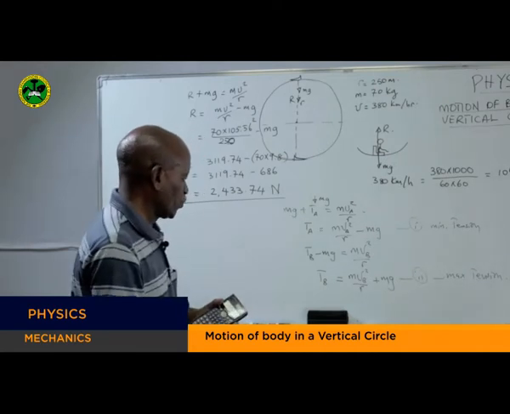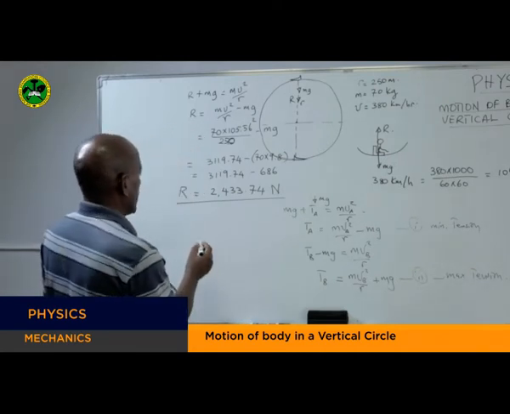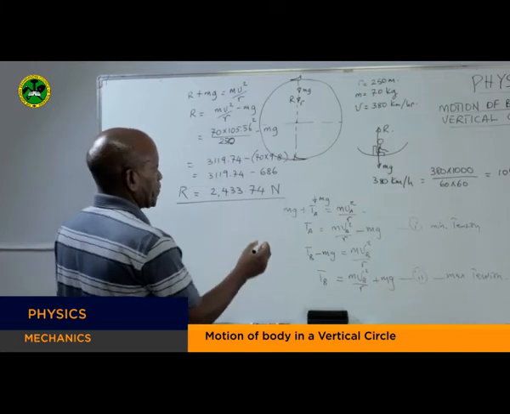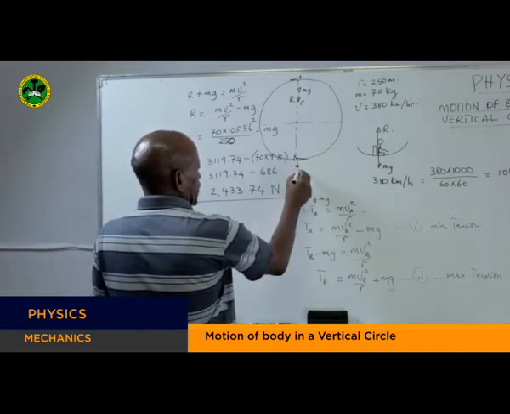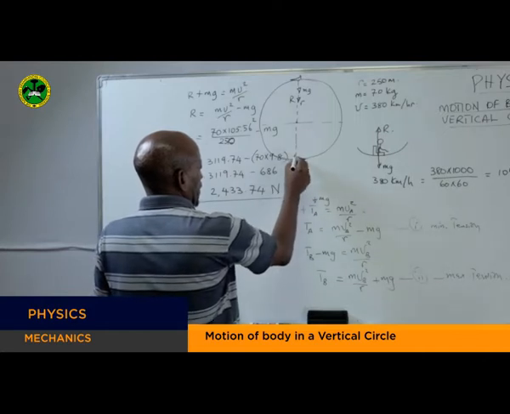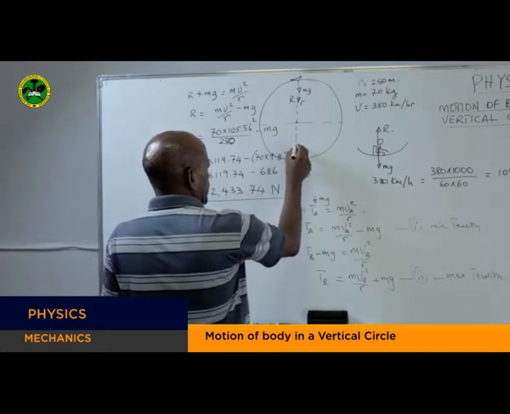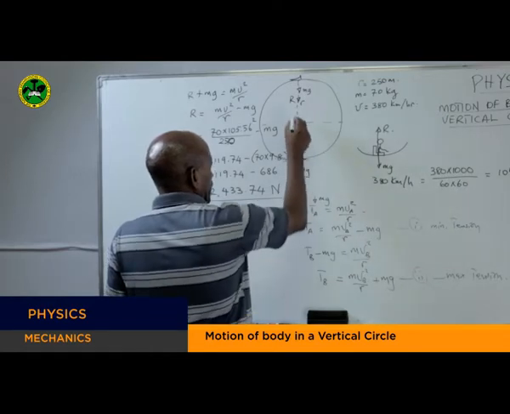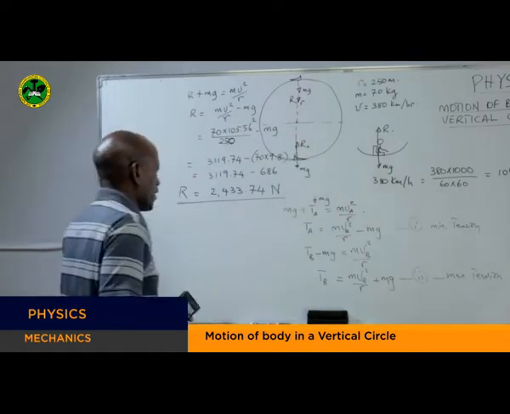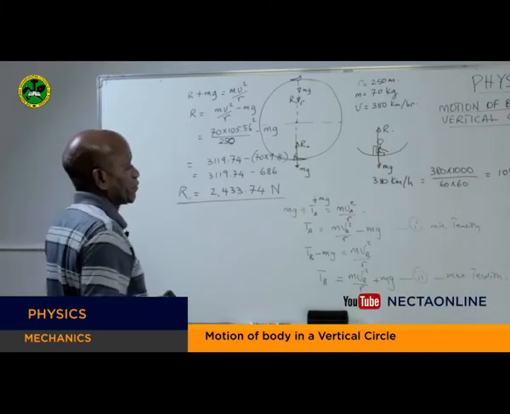Here his weight is mg acting downward, but the reaction from his seat is acting upward. Let me call this R2. This is R1 at the top.